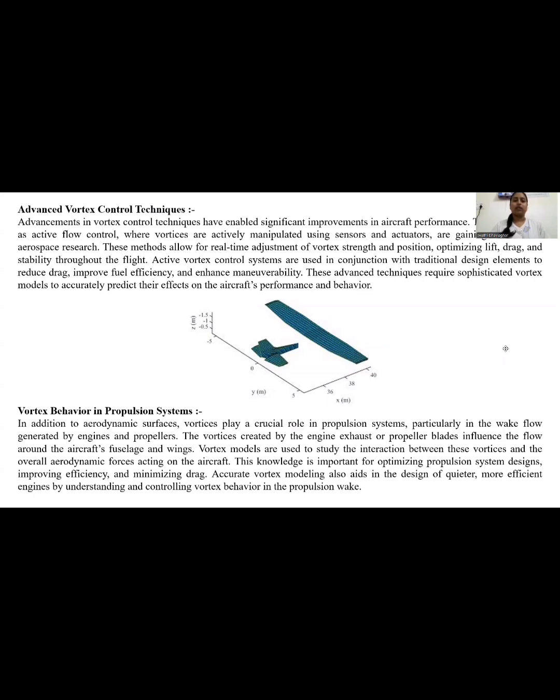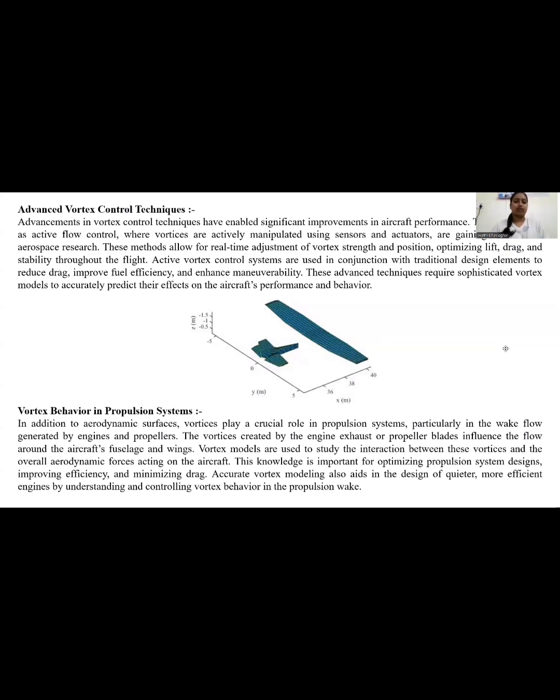These methods allow for real-time adjustment of vortex strength and position, optimizing lift, drag, and stability throughout the flight. Active vortex control systems are used in conjunction with traditional design elements to reduce drag, improve flow efficiency, and enhance maneuverability. This advanced technique requires sophisticated vortex models to accurately predict the effect on aircraft performance and behavior.